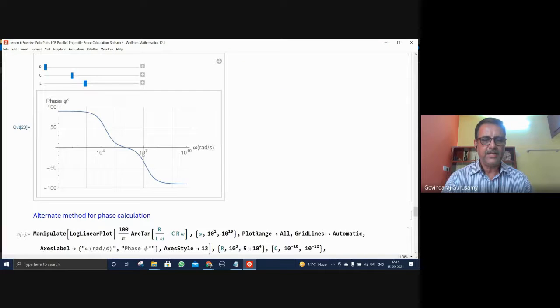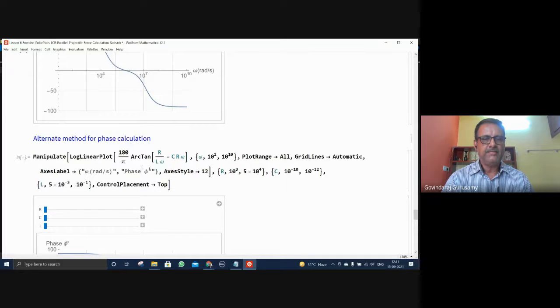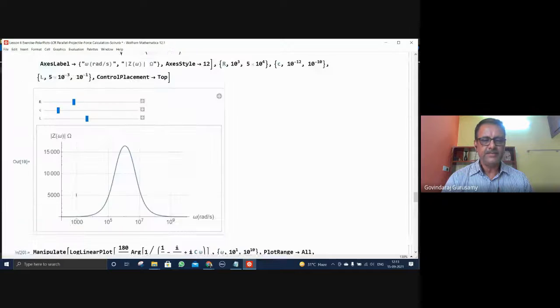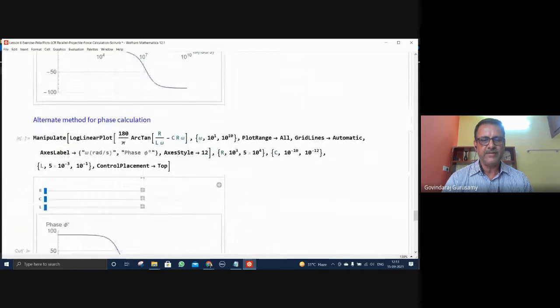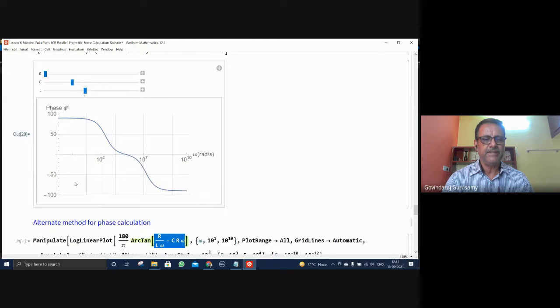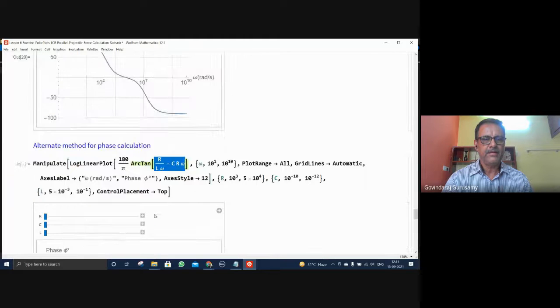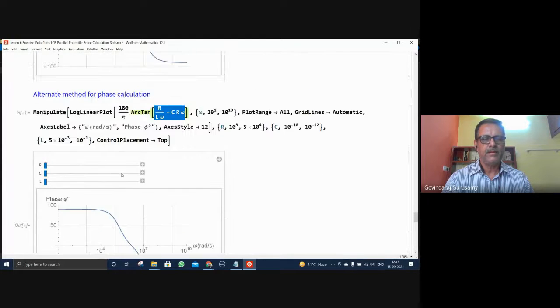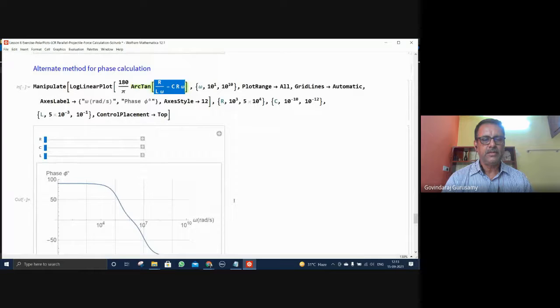Here again, I repeat, the arctan, which I found by taking the imaginary divided by real, this expression, that expression has been put into this quantity. Arctan of this. They are one and the same. There's no difference between these two.